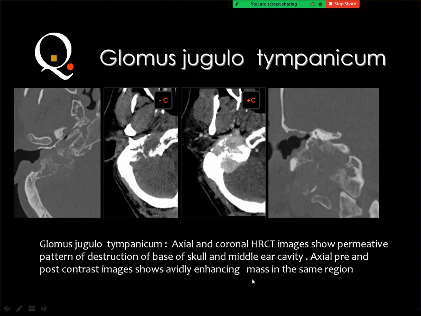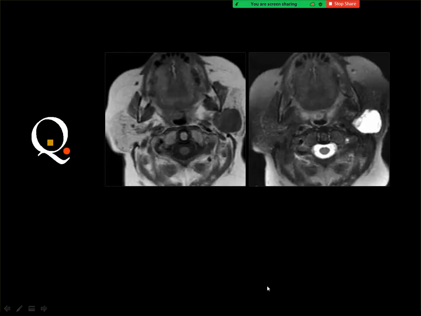A glomus tumor that is centered on the jugular fossa with destructive changes. And whenever this tumor has extended inside the middle ear cavity, then you call it glomus jugulotympanicum. But if it is confined to the jugular fossa without extension into the middle ear, this is a glomus jugulare.